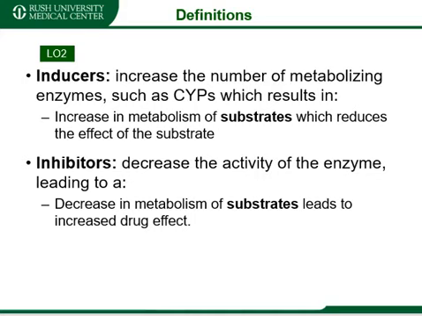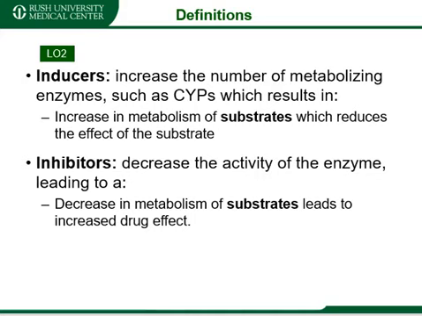A drug can be a substrate and an inducer. A drug can also be a substrate and an inhibitor of a specific enzyme. And there are some drugs that are substrates of enzyme A, but inducers of enzyme B. And there are other drugs that are substrates of enzyme A and inducers of enzyme A. So there's all combinations.